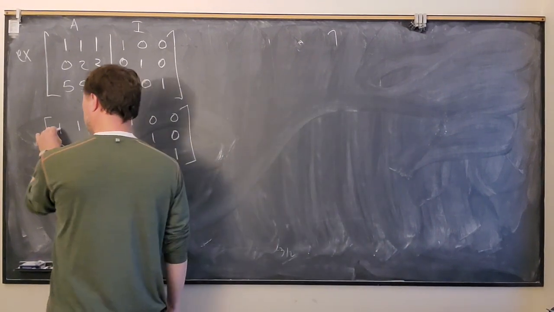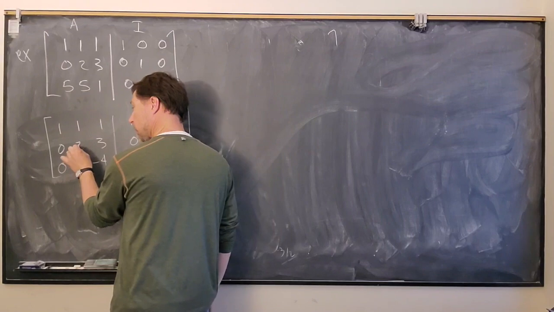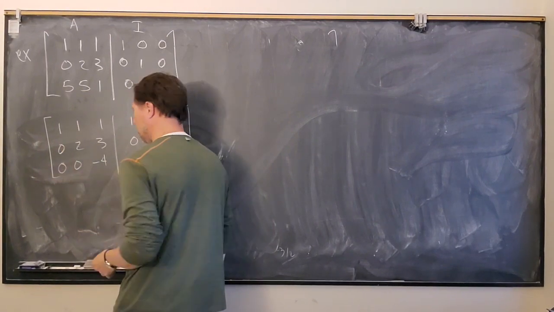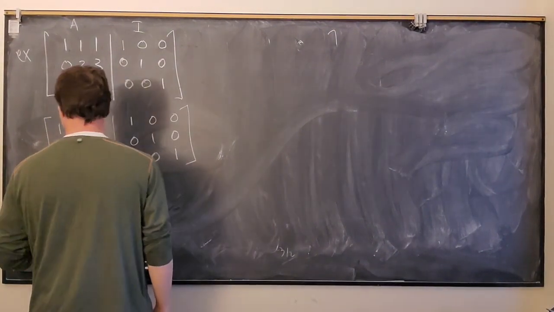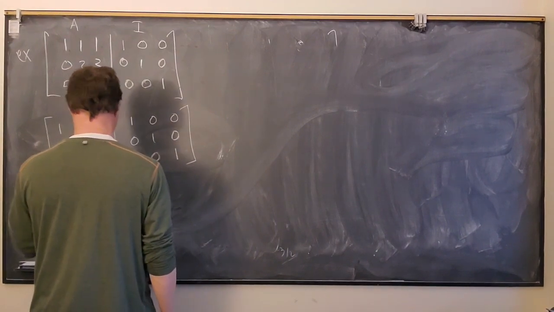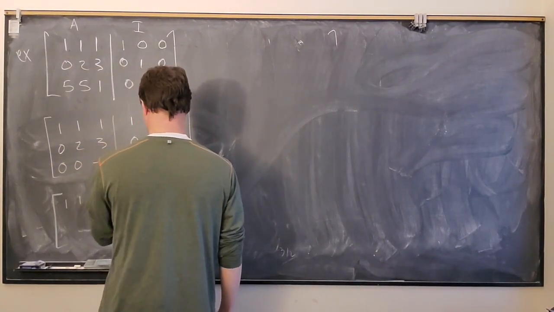Okay, so I've got a leading one here, 0's below it. Now I move on to this one right here. That's a 2. I want it to become a leading 1. So 1, 1, 1, 1, 0, 0.